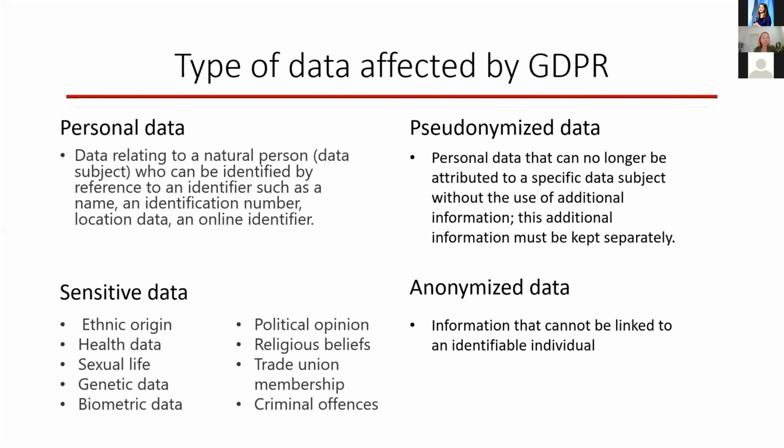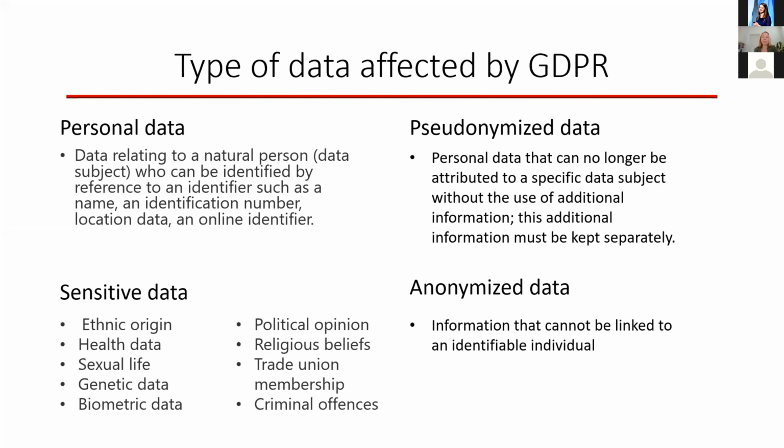Sensitive data is specific data which deals with ethnic origin, health data, sexual life, genetic data, biometric data, political opinion, religious beliefs, trade union memberships, and criminal offenses. And for scientists, the first ones are the ones that we are mostly dealing with.